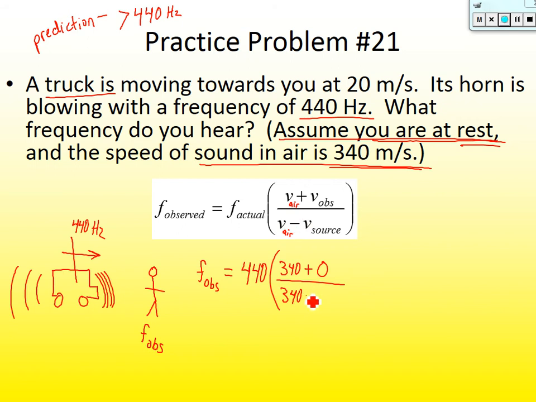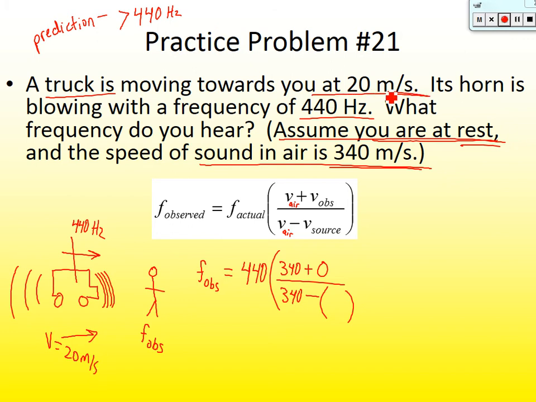This minus sign you have to keep in there, so I'm just going to keep it as a minus. Now, the velocity of the source I'm going to put right here. But remember, if it's going towards you, it's positive. If it's going away from you, it will be negative. So let's figure this out. How fast was the truck moving? Well, the truck had a velocity equal to 20 meters per second.